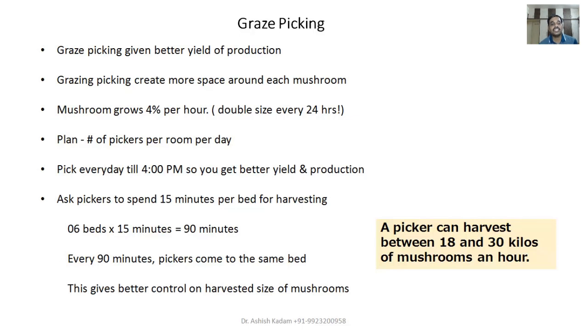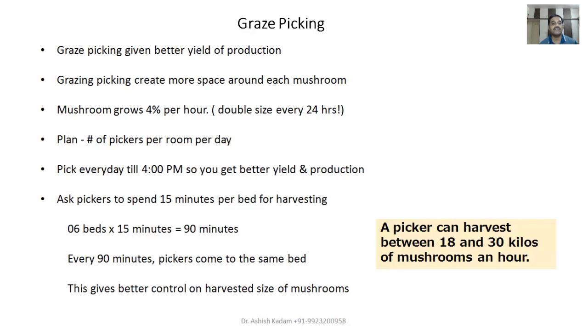So if there are, suppose, 6 beds, then in 90 minutes they should complete the picking of the entire shelf. If they are spending more than that, it means they are either collecting very small button mushrooms.